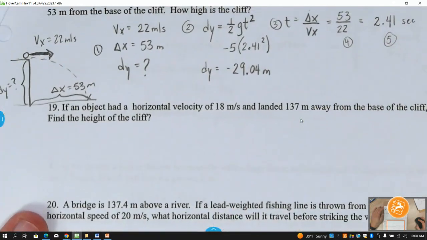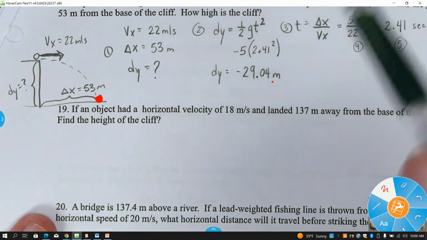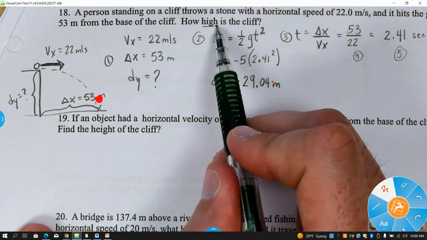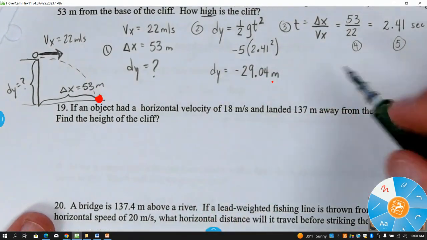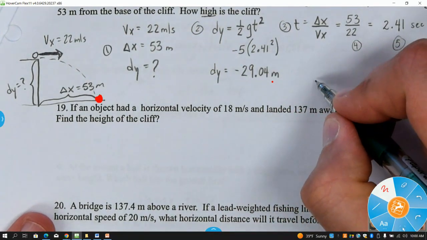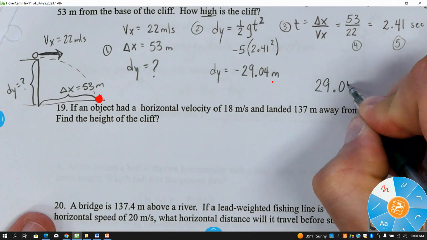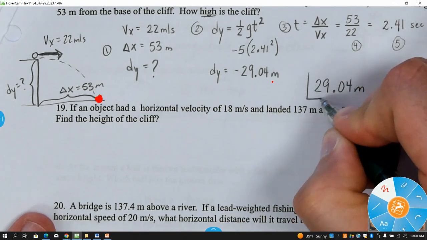So guys, what this -29.04 meters is saying is that once the ball lands here, it is 29.04 meters below where it started. But the question asks, how high is the cliff? Can you have a negative height? No, so what do you have to do? Just drop the sign. So 29.04 meters.